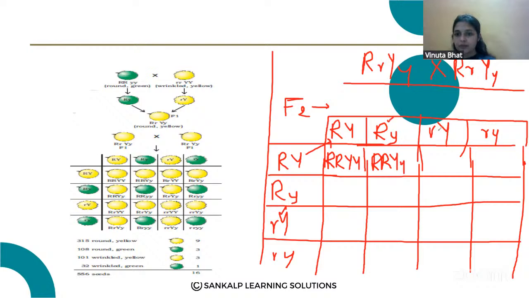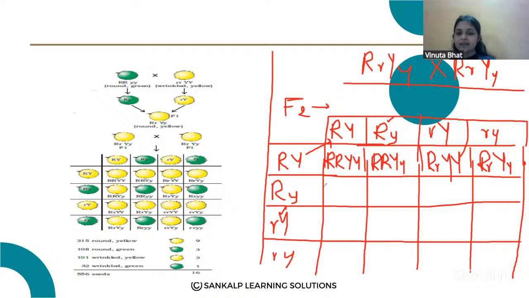Next, multiply with this: capital R, small r, capital Y, capital Y. Then capital R, small r, capital Y, small y. So these all four plants are round yellow seeds.